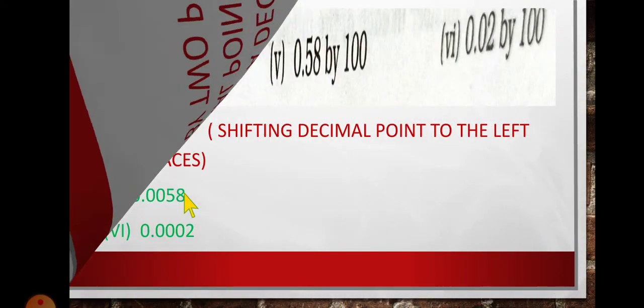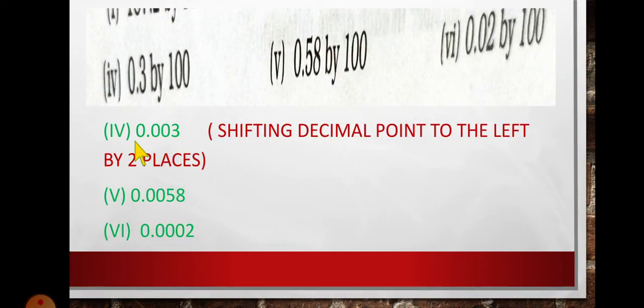Let's see the next question. Fourth, 0.3 divided by 100. You can see students, when we shift to the left side, there are no digits. Then what to do? We insert zeros.